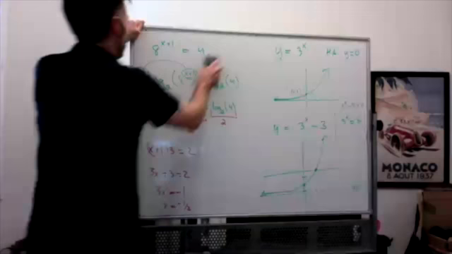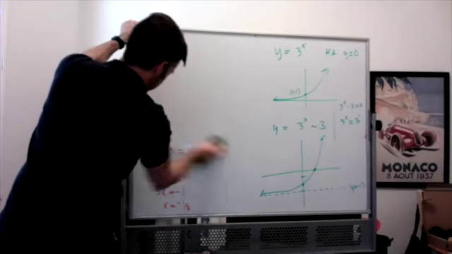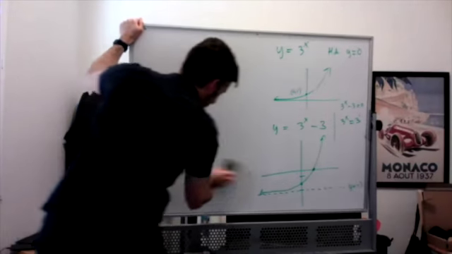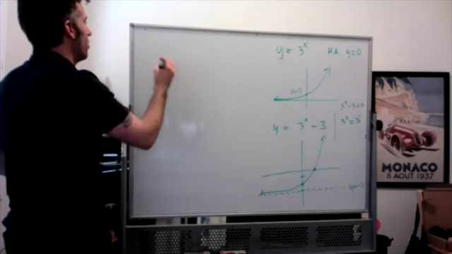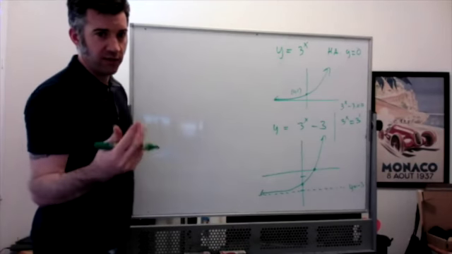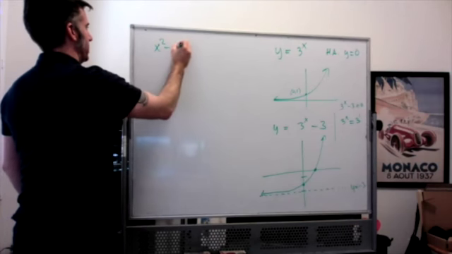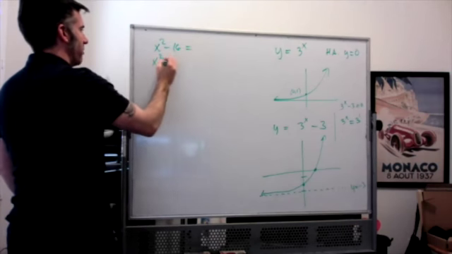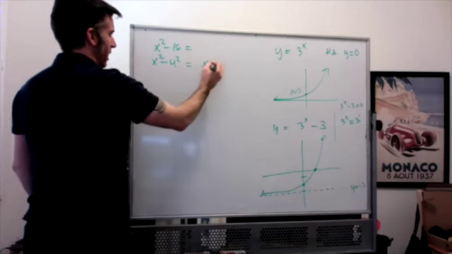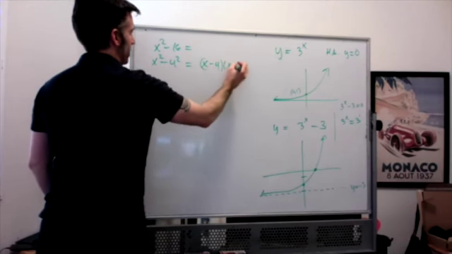Just a couple things I've seen that I want to make sure people don't make mistakes on, if you can help it. There are 3 different things here. x squared minus 16 is x squared minus 4 squared, which is x minus 4 times x plus 4.